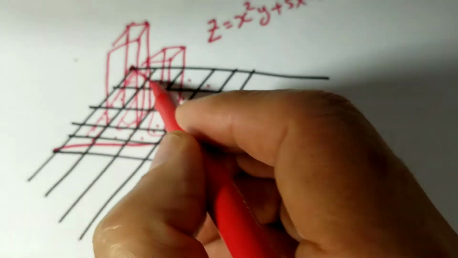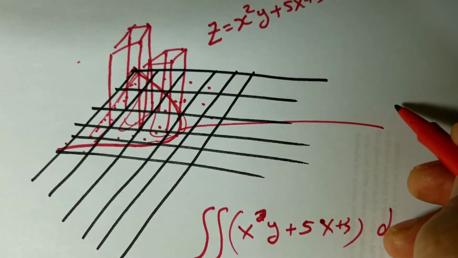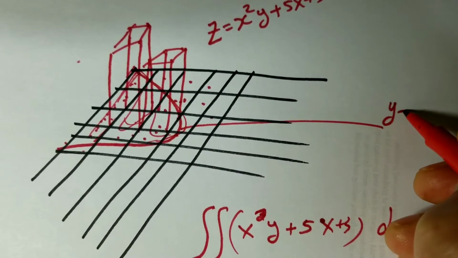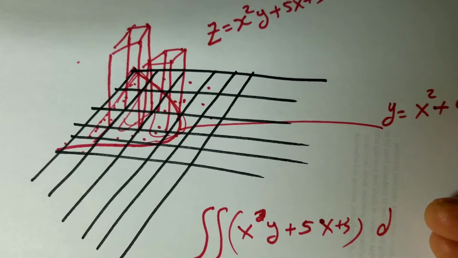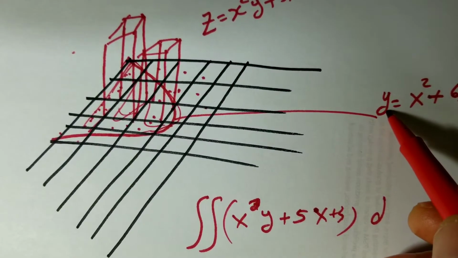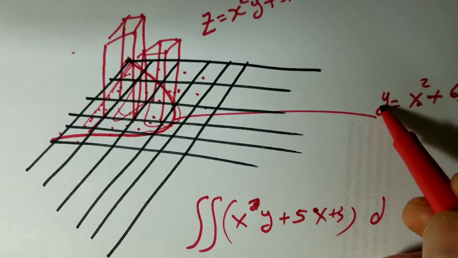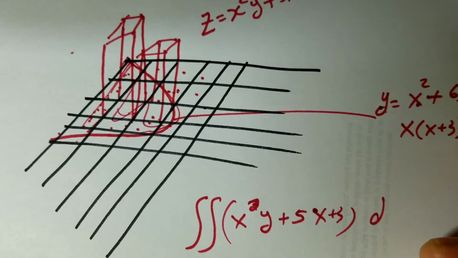But if I'm going to assume this is a parabola, and that parabola is going to become y equal to x squared plus 6x, therefore, when y is 0, let me put a negative right here.